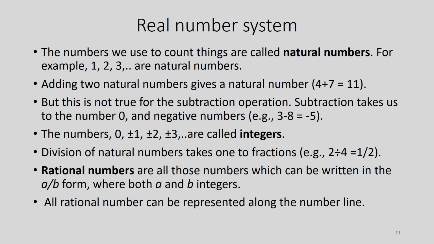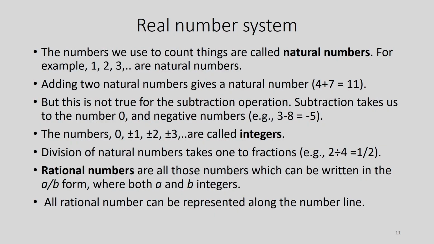And if you take integers and divide one by another, then you go outside the domain of integers. Where do you go? You go to the domain of fractions. So, for example, if you divide 2 by 4, then you get half. Half is not an integer. So, it is a fraction.